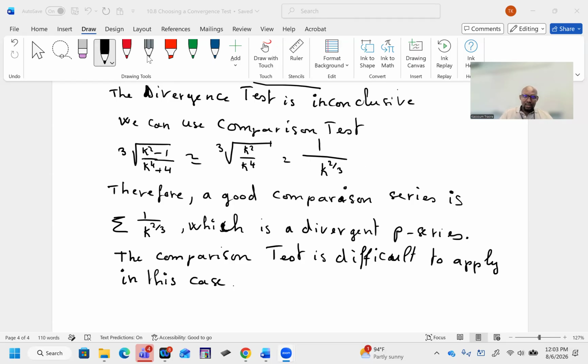Why? Again, I'm going to put why in parentheses because this is my b sub k. Because you can see b sub k is greater than a sub k for k greater than or equal to 2.